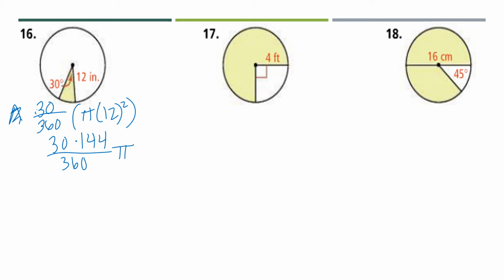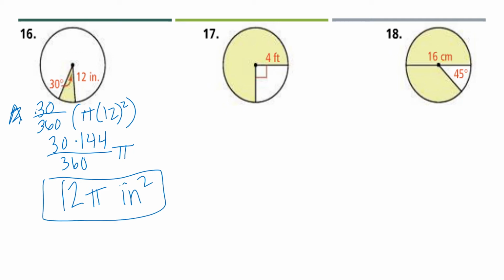And again, you just want to bring down that pi. So 30 times 144 and then divided by 360 is 12. You bring down your pi and then you make sure you put your units. So you have 12 pi inches squared.